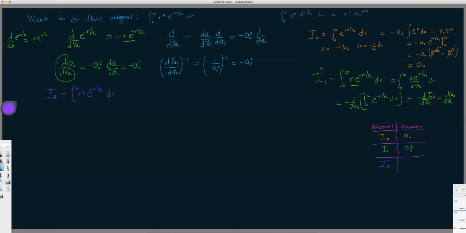Well, notice over here, when we took the derivative in the green one up here, the first derivative is minus r times this. Now, what if we take the second derivative of this, or the first derivative of this? So let's take the second derivative here.